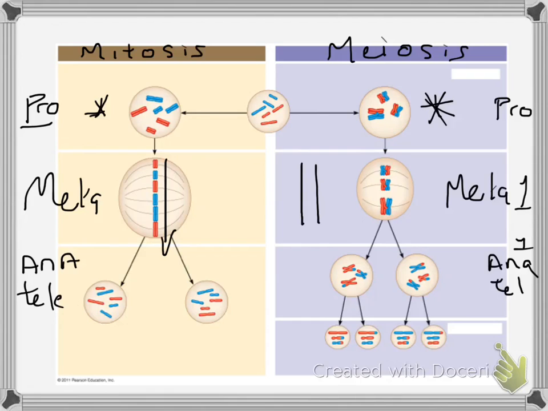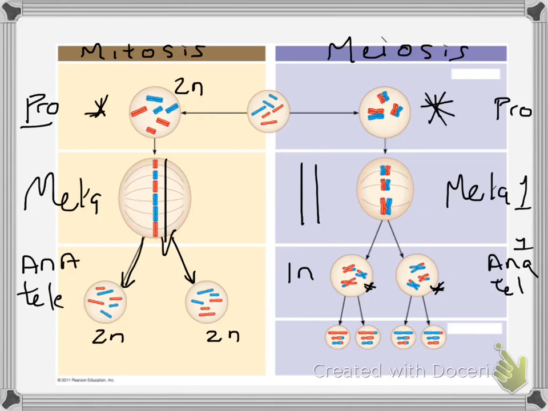So if we look at mitosis, here we separate chromatids into chromosomes, and this cell is 2N, this cell is 2N, this cell is 2N. If we look at meiosis, we separate chromosomes. So we have 2 daughter cells of meiosis 1, and we have 3 chromosomes in this cell here, and we have 3 chromosomes here.